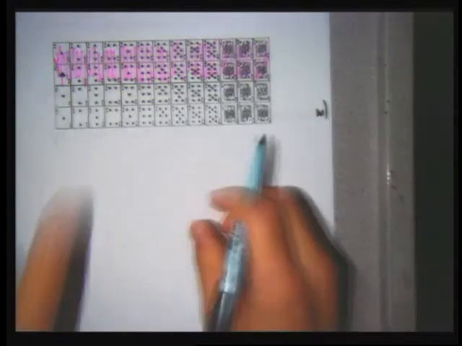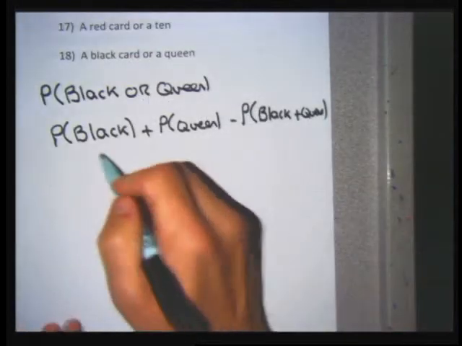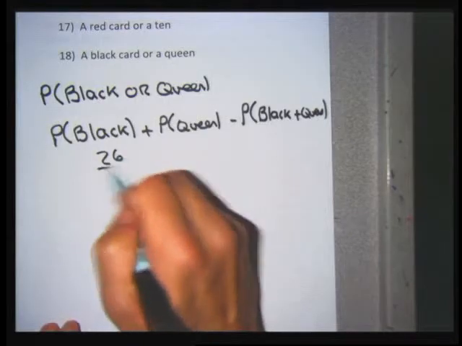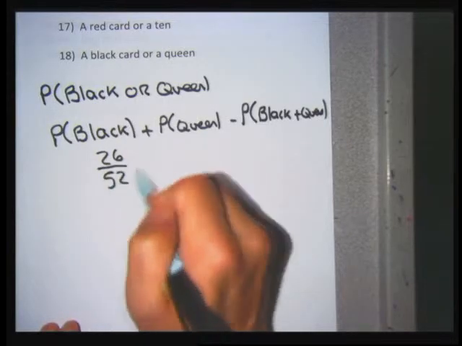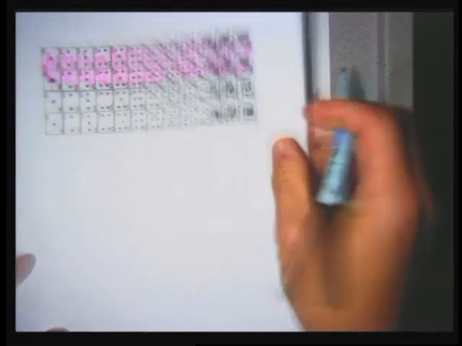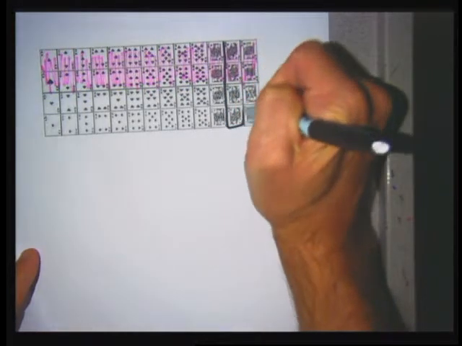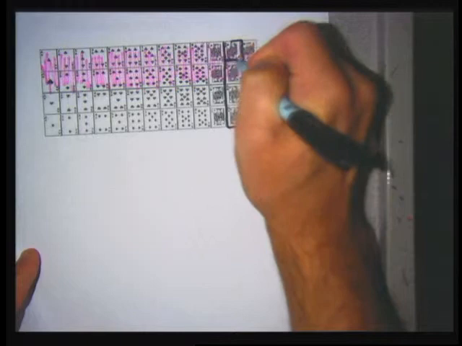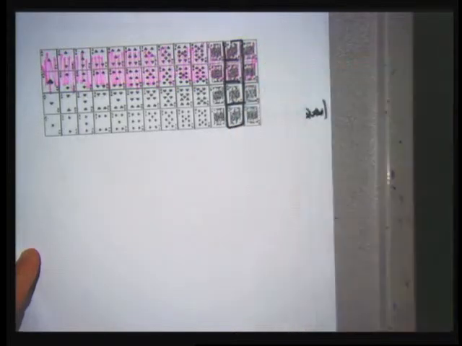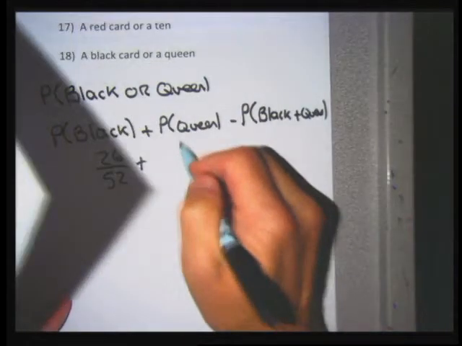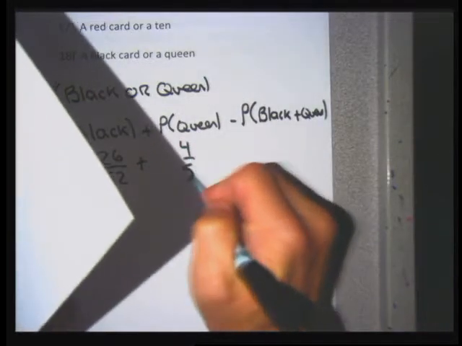So for the probability of getting a black card, it's going to be 26 and 52 because there's 26 black cards out of the 52. For a queen, there's 4 queens in a deck of cards, so the queen probability is going to be 4 and 52.